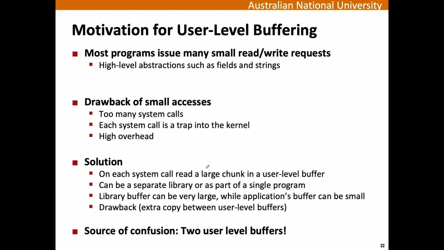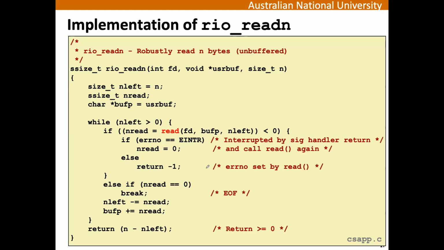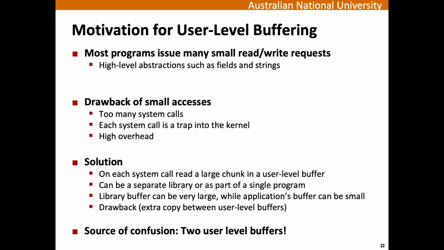So as I was saying, we will look at this code in the labs. Here, I just want to give you a quick overview. As I was saying, the motivation for buffered versions of the RIO read wrappers is that most programs issue many small read-write requests.